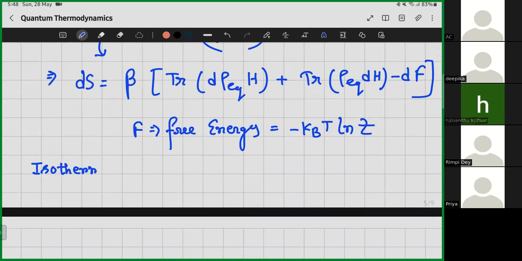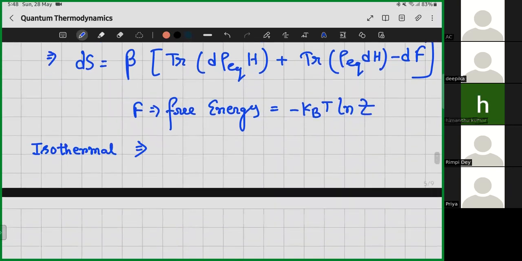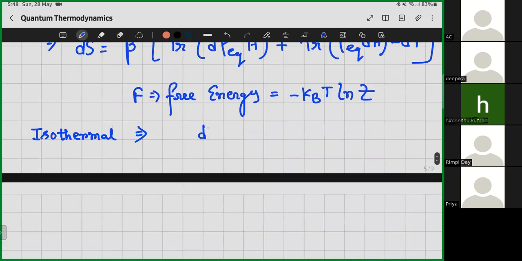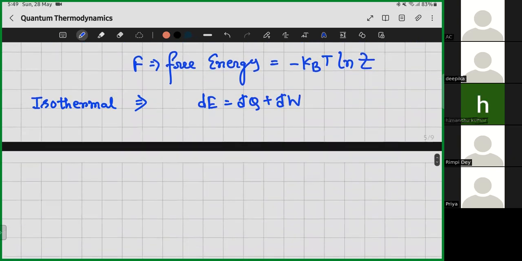For isothermal process, in classical mechanics, dU is equal to d cross q plus d cross w, and also dG is equal to V dP minus S dT. So for isothermal process, this is 0, the temperature change is 0.